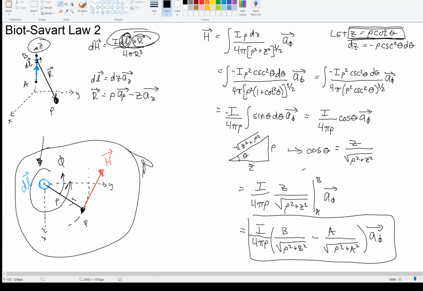Okay, so those are two handy ways of arriving at the direction of the magnetic field. Very important that you nail that direction down.